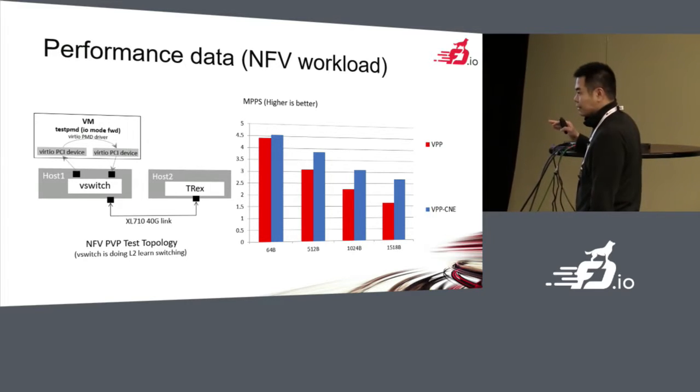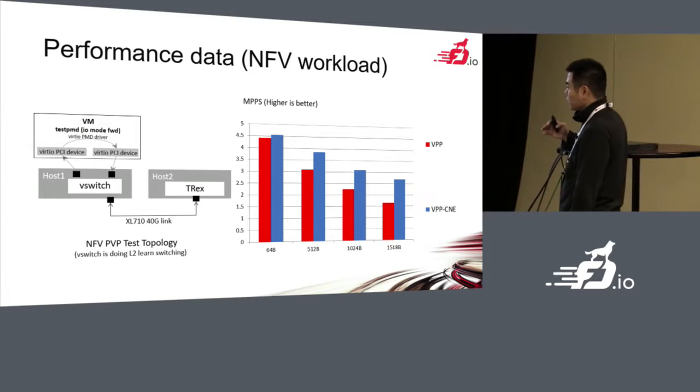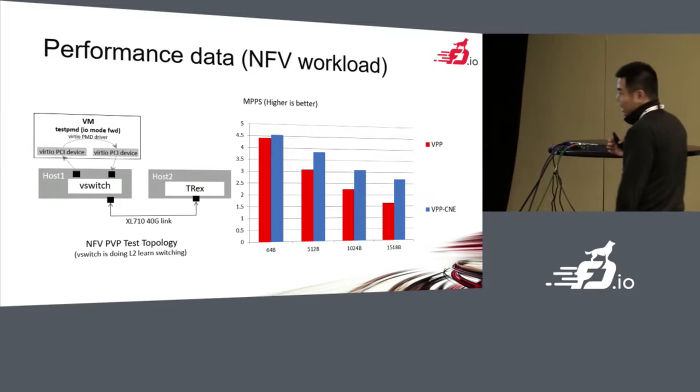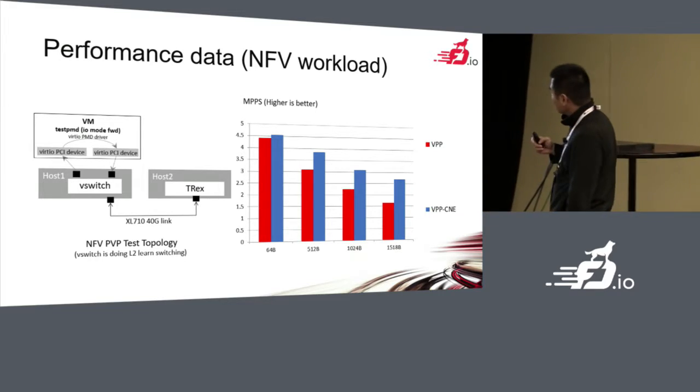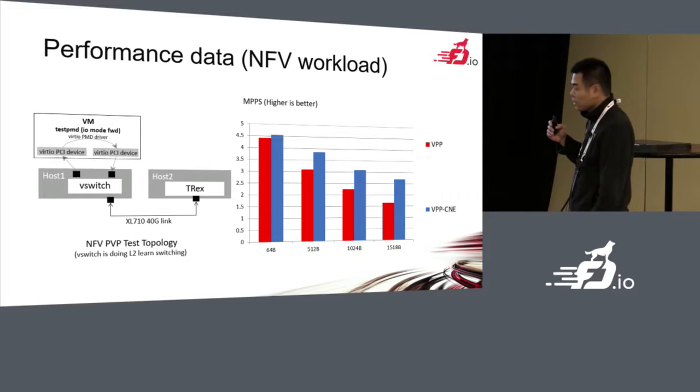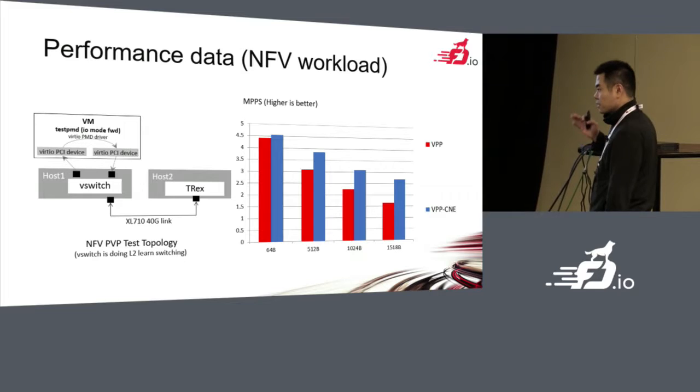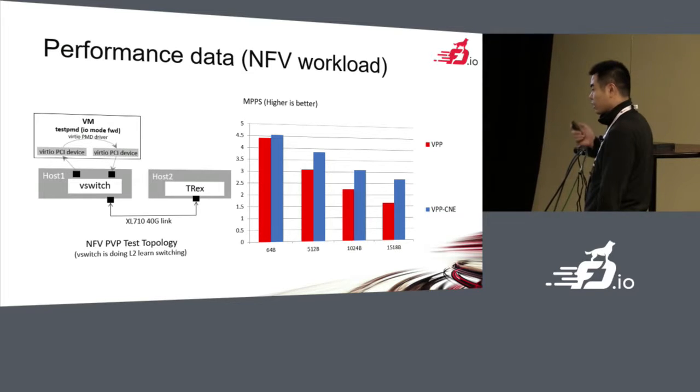For different packet sizes, we have different kinds of improvements. Essentially, for the full MTU size workload, we get probably 60% improvement.